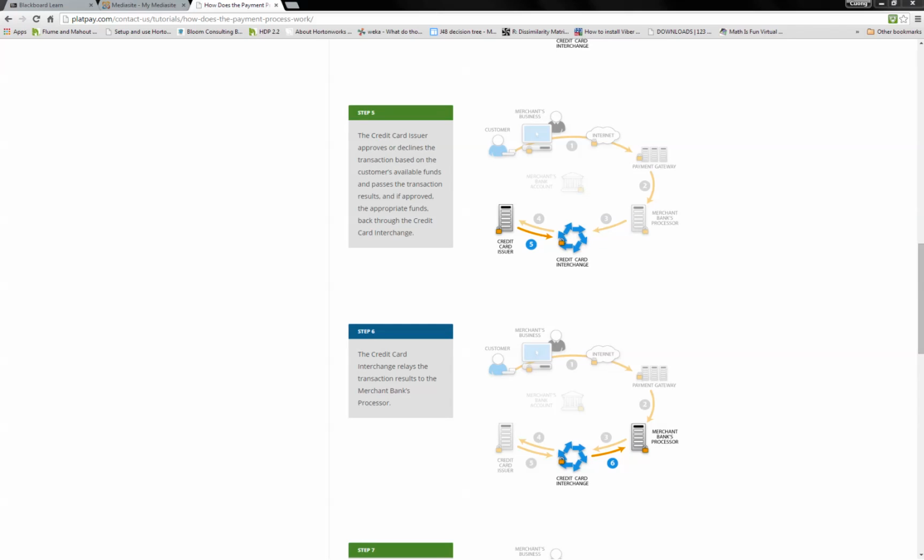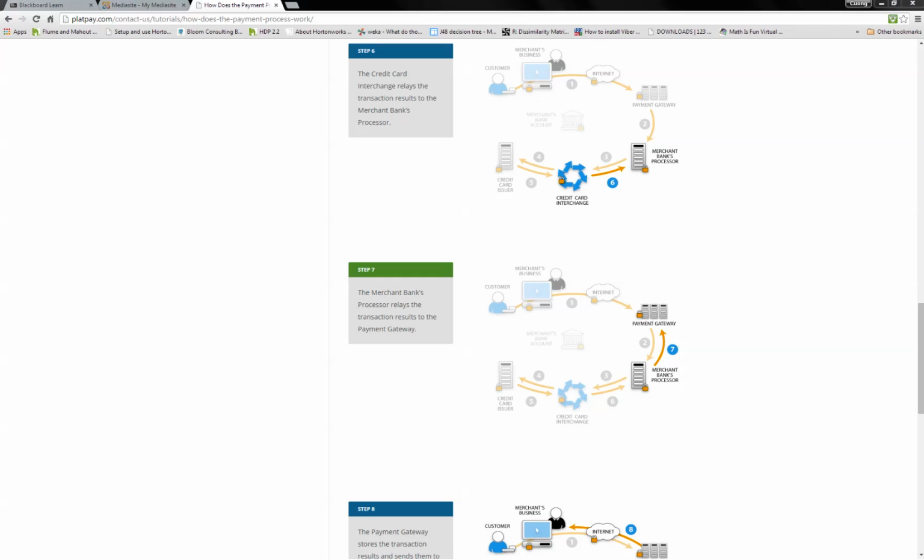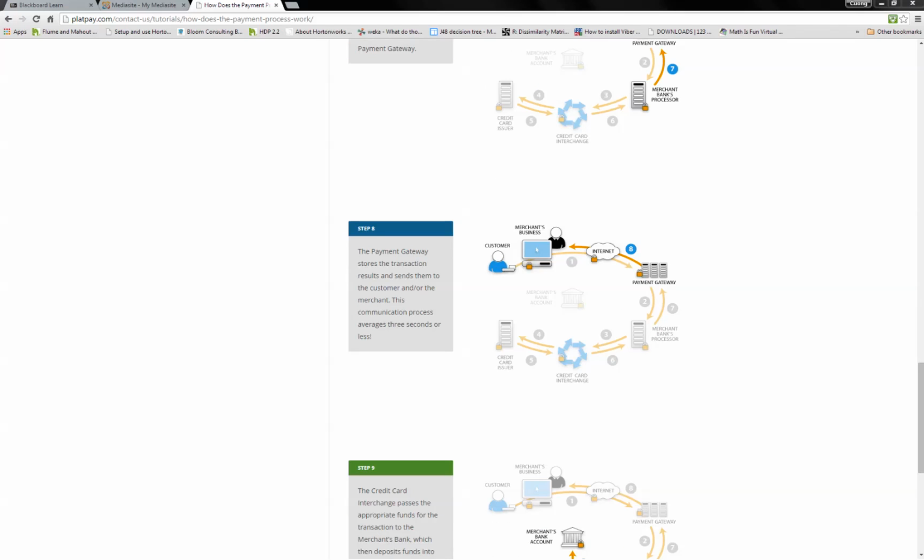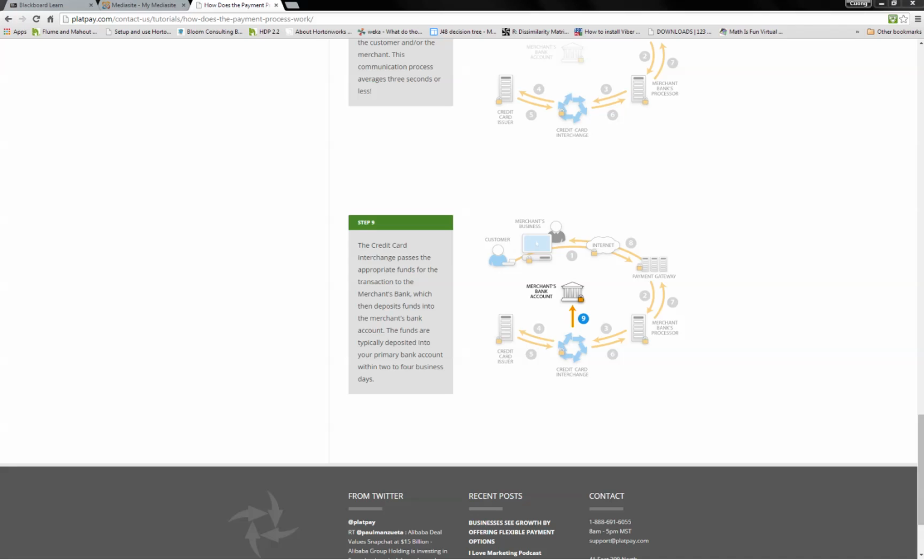The transaction goes back through the credit card interchange and then the merchant bank's processor and then the payment gateway of Authorize.net. The payment gateway of Authorize.net now stores the transaction results and sends them to the customer or the merchant. And finally, the credit card interchange passes the fund for the transaction to the merchant's bank account.